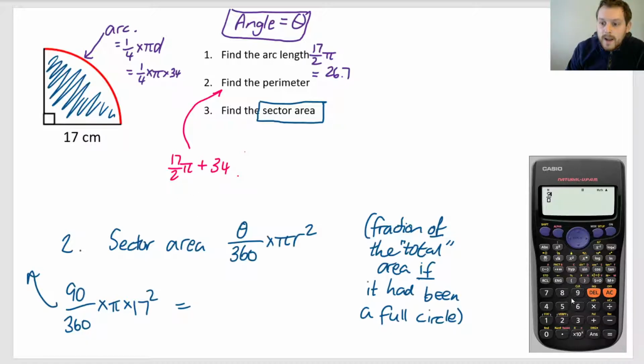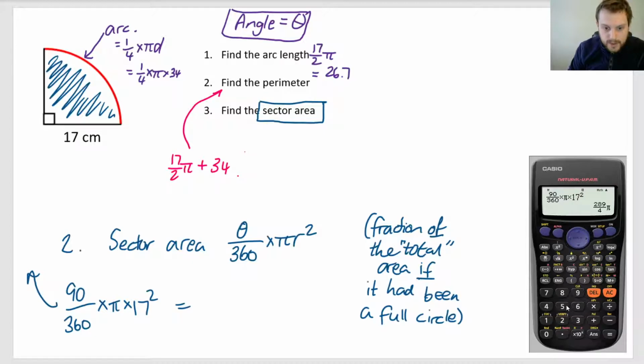So 90 out of 360. I'm using the formula directly. I know, of course, that that's just a quarter. I also know I could have worked out the full area and then just written divide by 4, right? But I'm using the formula and substituting into it as written. Times pi times 17 squared.